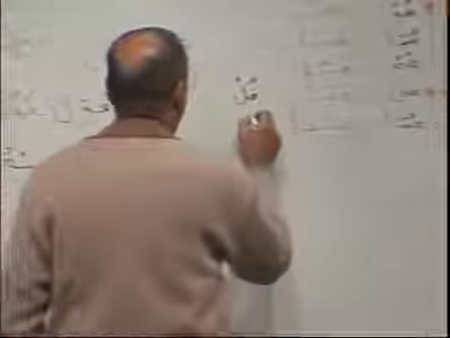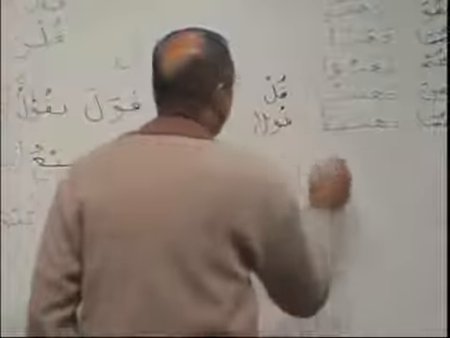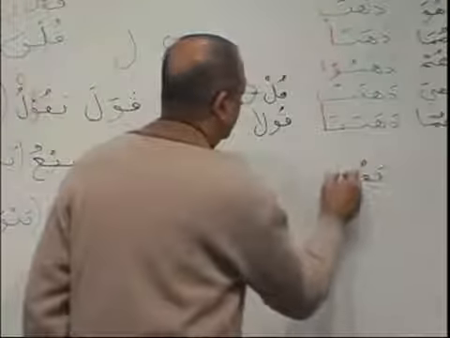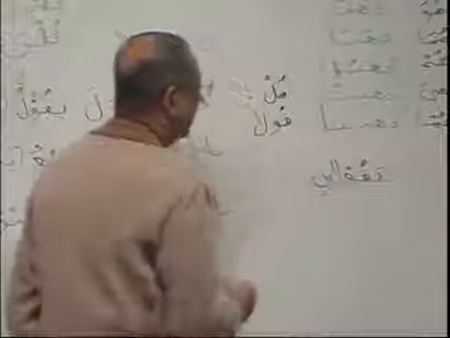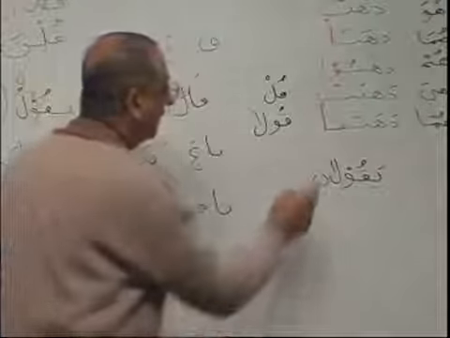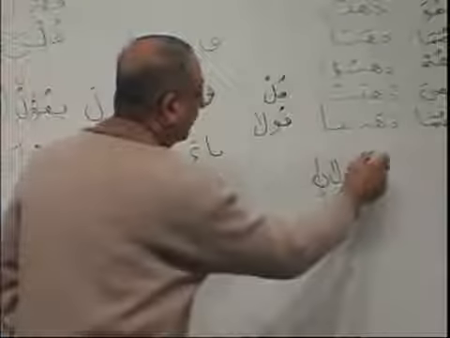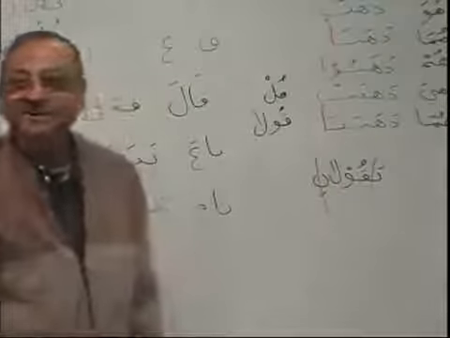Are you with me? I will write it down. Kul and then Kula. Why Kula, brother? It is Yakulani. If I make Amr, I drop this. Okay, brothers and sisters? What is left? Kula.